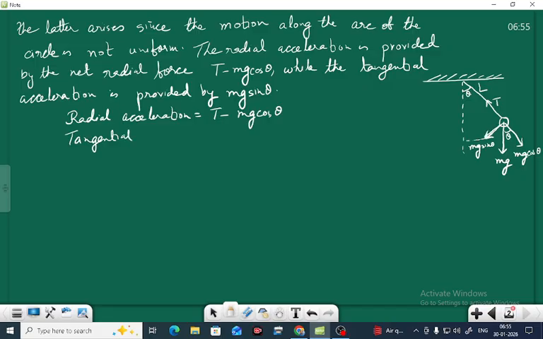Tangential acceleration is equal to mg sin theta, right?